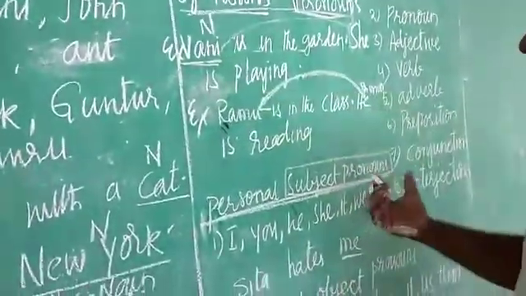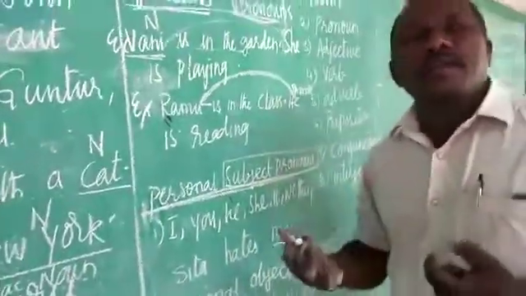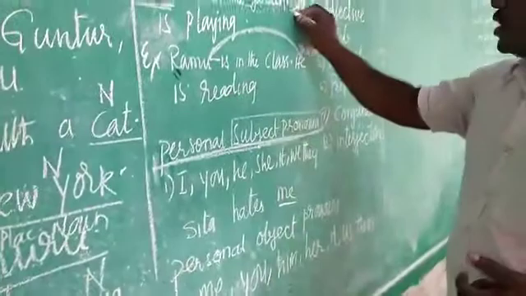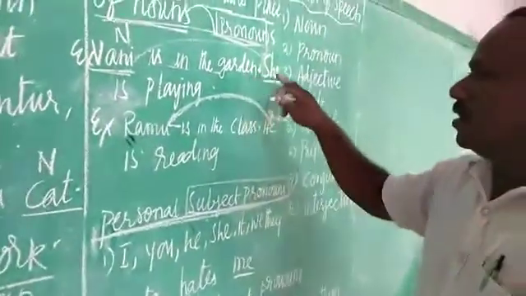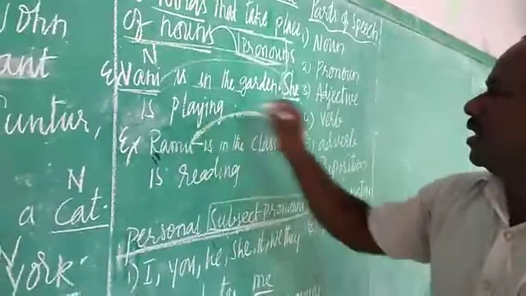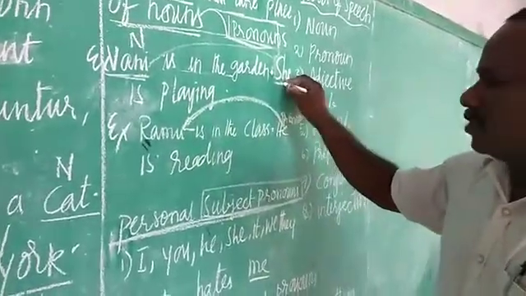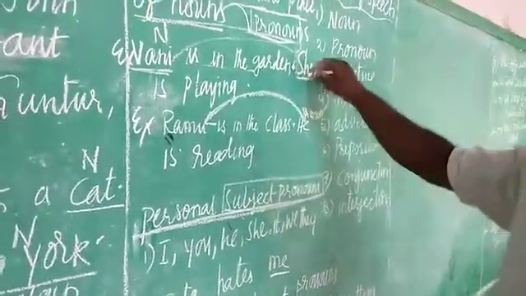Subject can be a noun, a pronoun, or a noun phrase. Here, she is playing. She is the subject in this sentence. We have two sentences here. She is at the beginning of the sentence, so it is a subject. Here it is a pronoun, so it is called a subject pronoun.